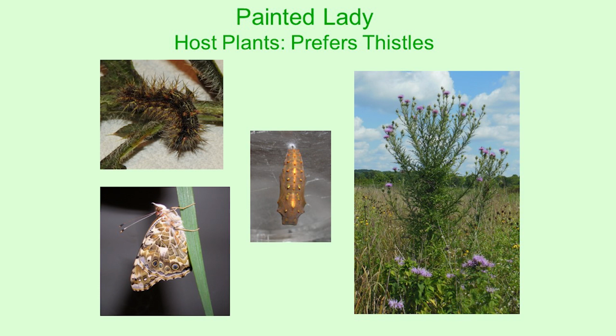And then there's the painted lady. Again, one of these that comes up from the south. It is much less common to come here than the American lady. Its host plants are thistles. In this case, it's a field thistle. And it has a really pretty chrysalis as well.